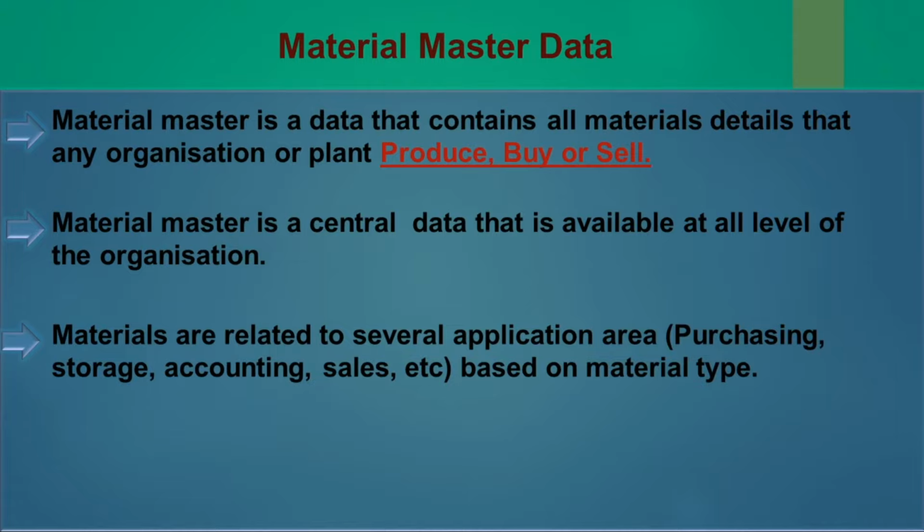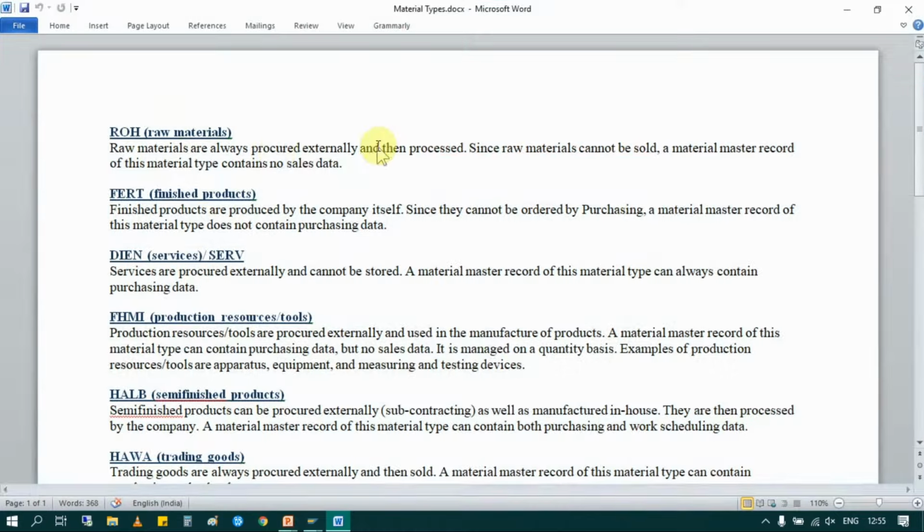So we will see what all material types are available in SAP. There are various material types available in SAP that are standard, and according to the material type, their views change. So let's say raw material. Most of the time we buy raw material from an external vendor, so it should have procurement views.